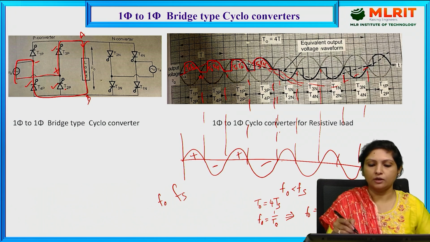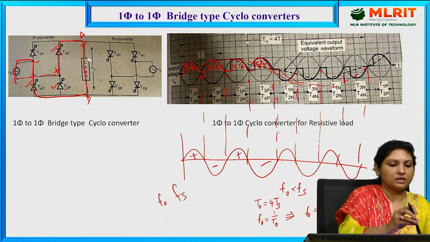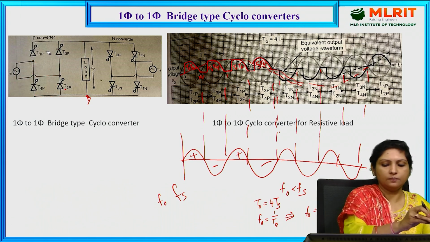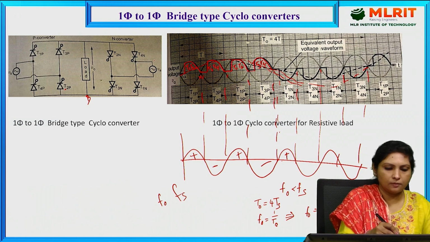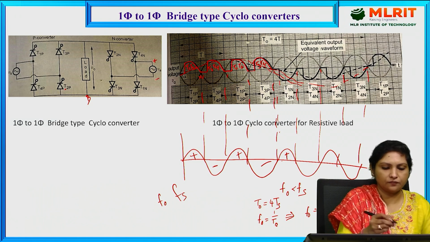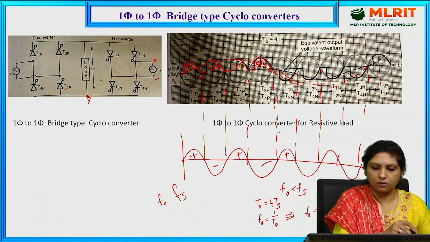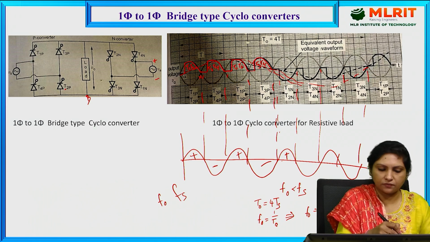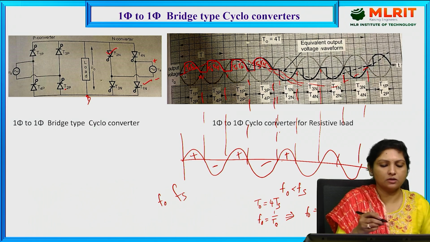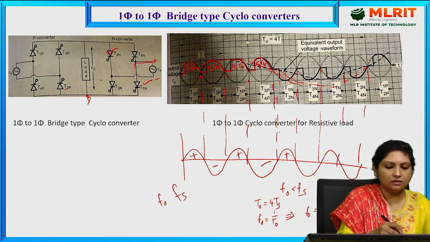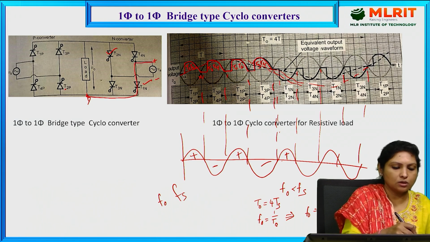Now, in order to obtain the negative half cycle of the output voltage, during the positive half cycle, the polarities will be positive, negative. Since this is positive, T1 will be forward biased as well as T2. So here T1 starts conducting current through the load.